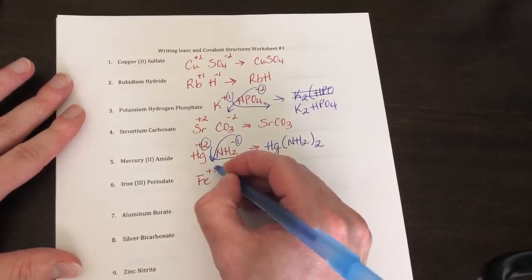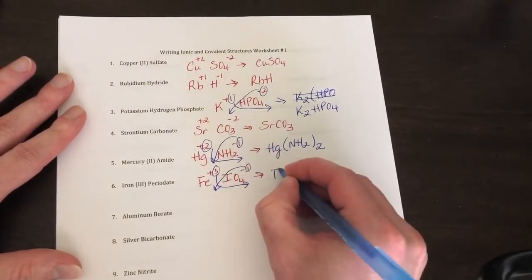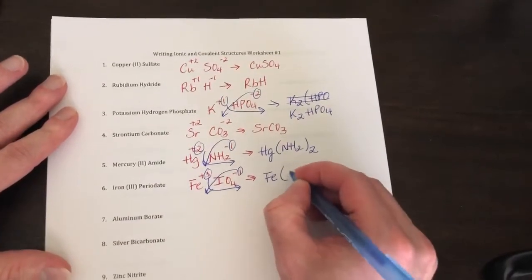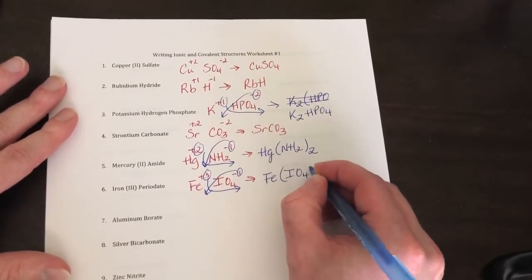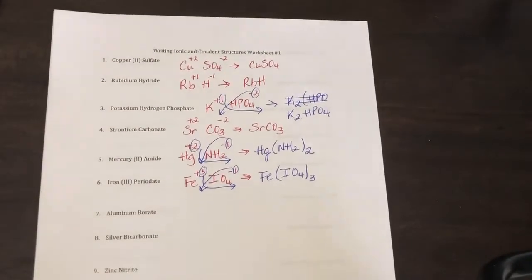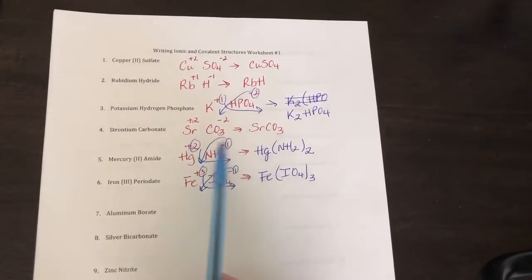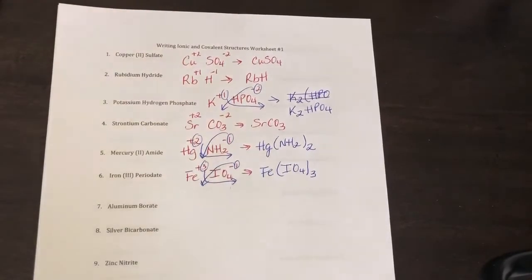They're not equal and opposite, so we've got to bring the 3 over here and the 1 over here. So this becomes Fe, parentheses, IO4, close parentheses, 3. Like that. Now, I don't know if I said this in the other video, but we don't take the signs with it. We just take the number when we crisscross.